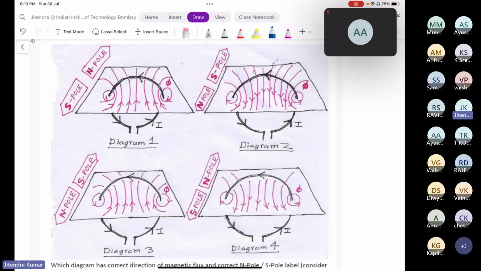Okay, so what about diagram 1? Kapil has told diagram 2 is correct. So Kapil, could you please explain how diagram 2 is correct? Yeah, Kapil, go ahead, please.